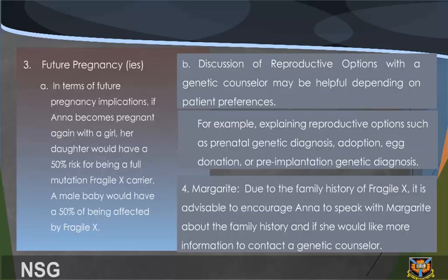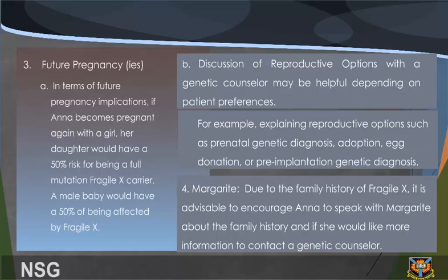A male baby would have a 50% risk of being affected by fragile X. B. Discussion of reproductive options with a genetic counselor may be helpful depending on patient preferences. For example, explaining reproductive options such as prenatal genetic diagnosis, adoption, egg donation, or pre-implantation genetic diagnosis.